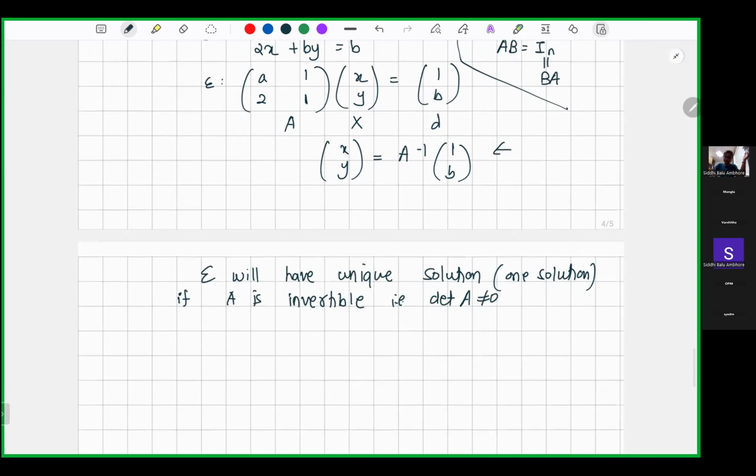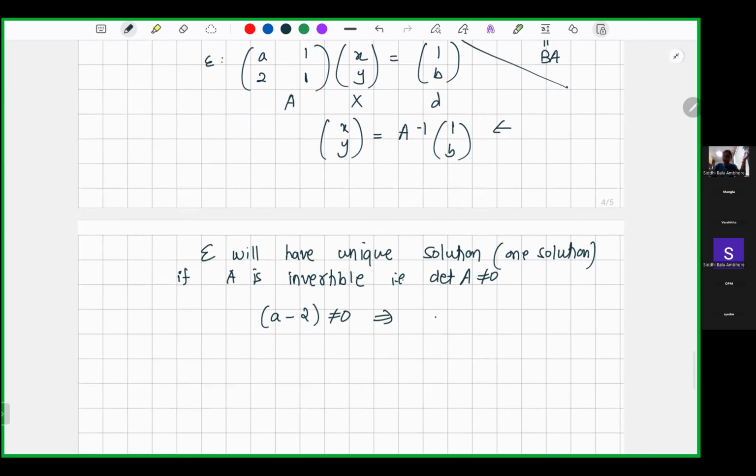So what I want is that A minus 2 is non-zero. So this implies A is not equal to 2.